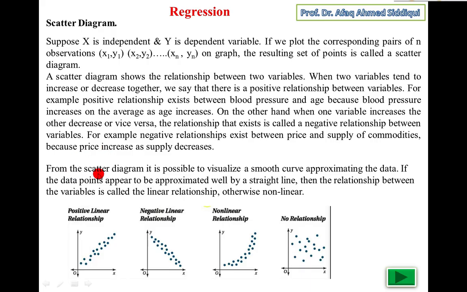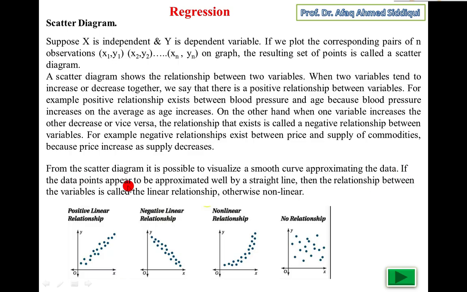From the scatter diagram, it is possible to visualize a smooth curve approximating the data. Approximating the data means with the help of all observations you can decide about the relationship of the variables.